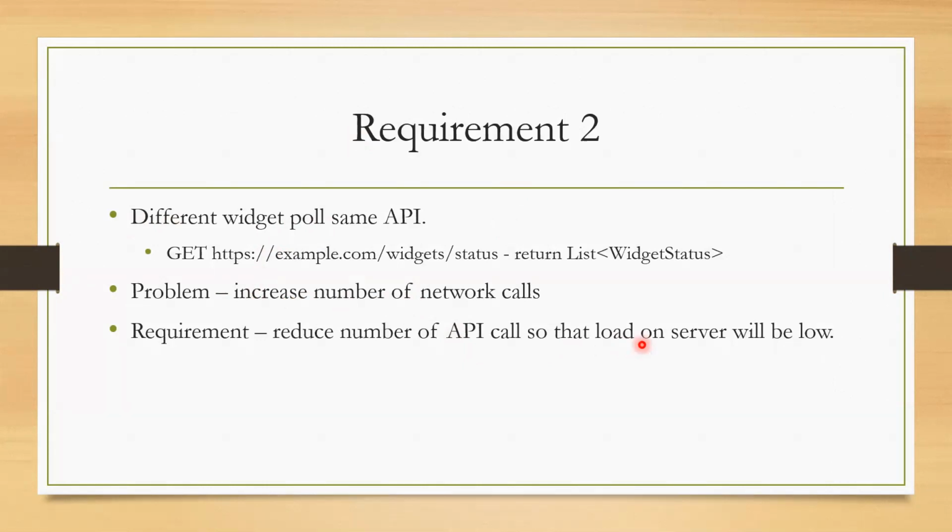So when fetching details from a server, there are two ways. One is polling, and the other one is a web socket. In this case, we are using a polling mechanism, so each widget polls the data. Polling is like this: every 3 minutes we go to the server and fetch the data.